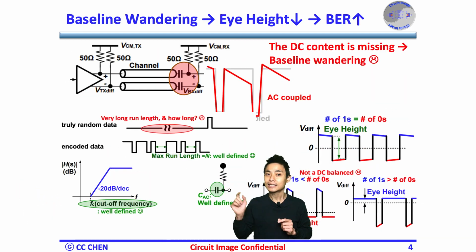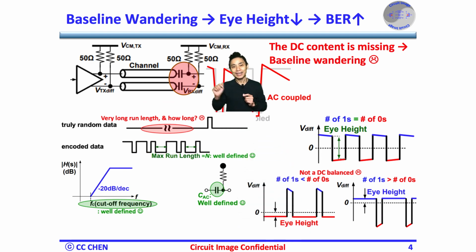As we will discuss in the DC coupling or AC coupling video, the AC coupling may cause a signal attenuation if there is a very long run or very low frequencies of transmitted random data with a relatively small DC block capacitor, or large cutoff frequency of the high pass filter. This phenomenon is called DC or baseline wandering.